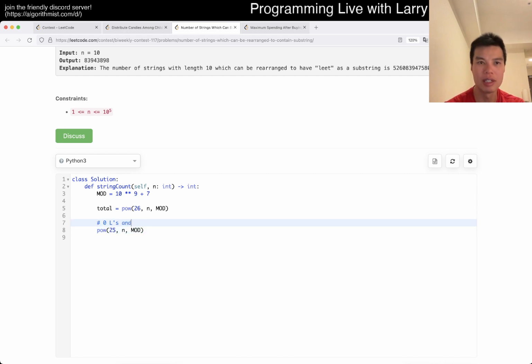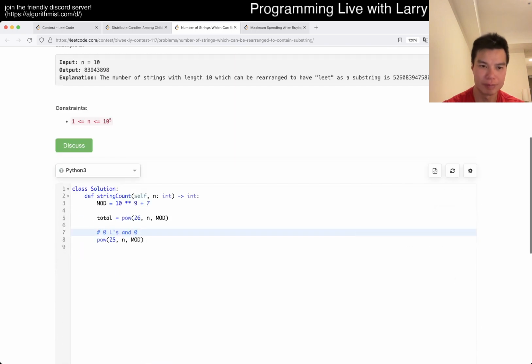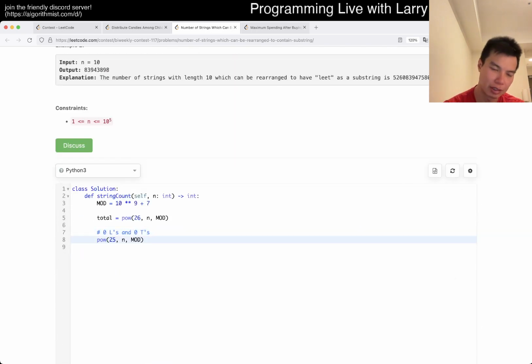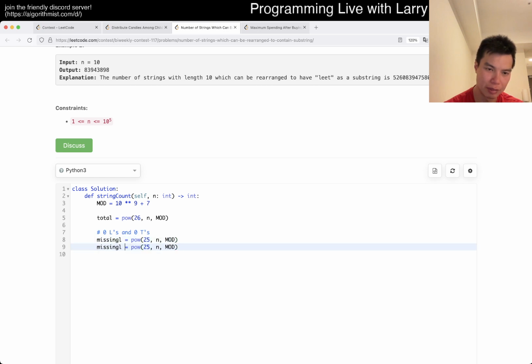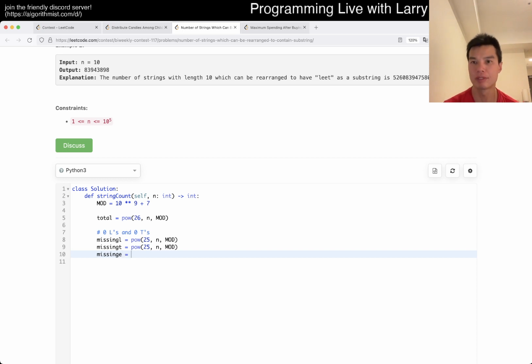And also 0 T's, so this is twice, right? Missing L, or no L's, whatever. Missing T. And then missing Y is a little bit tricky. Well, missing Y is fine, but it's 1 or fewer, so missing Y is also power of 25 and mod.